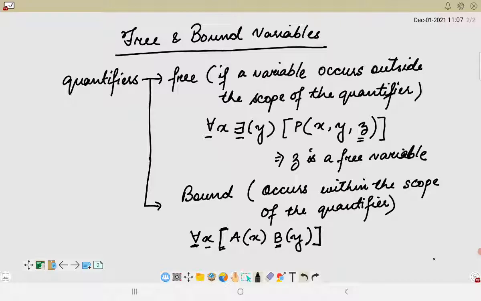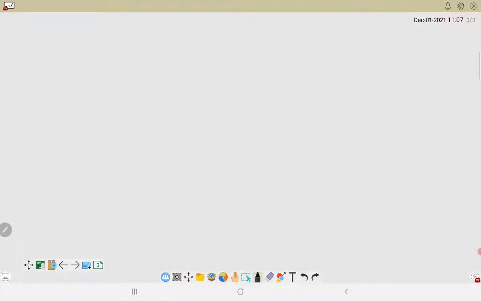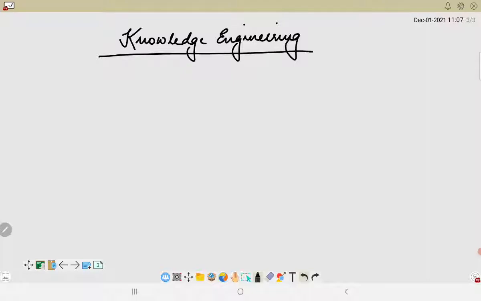Talking about free and bound variables, it will lead us to a different concept, which is knowledge engineering. If we are considering first order predicate logic, we need to concentrate on another important factor associated with it, known as knowledge engineering.